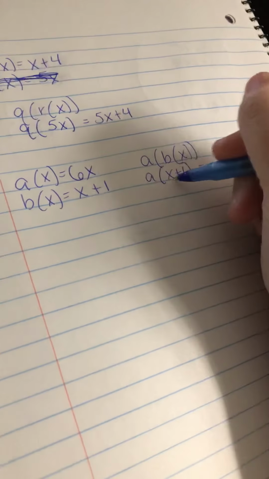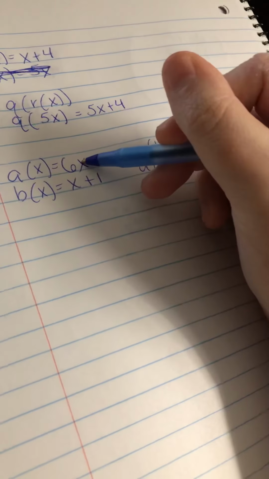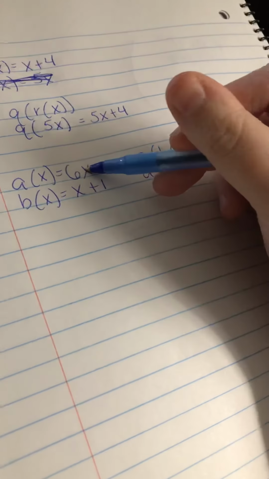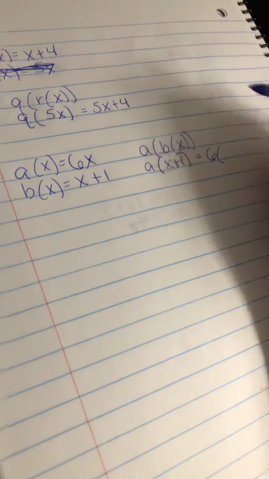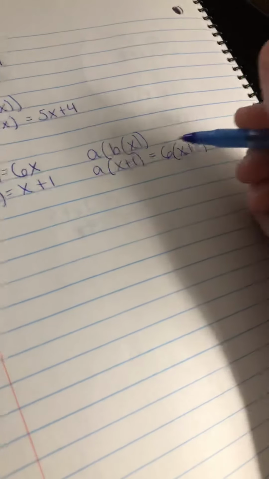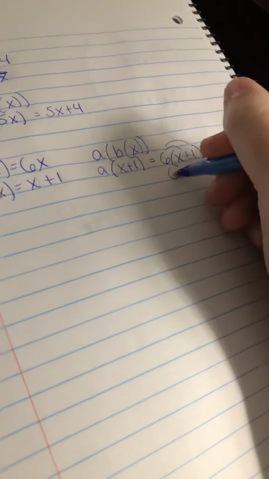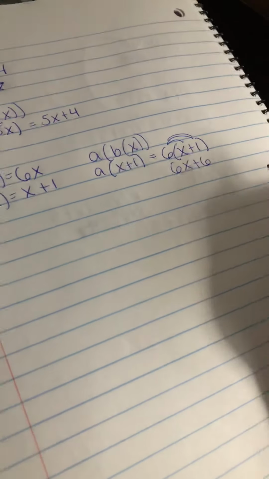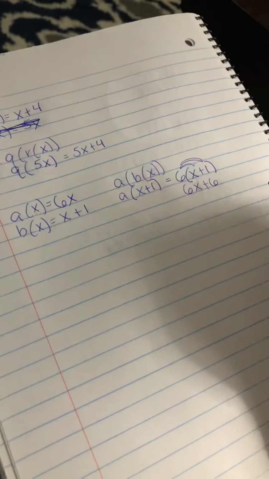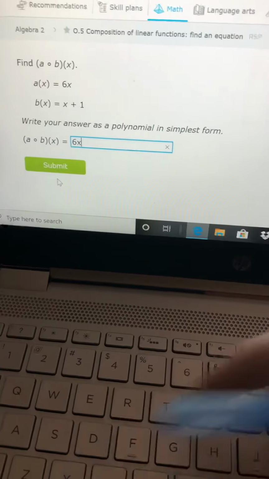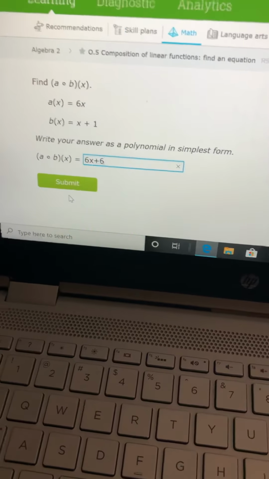I take this and plug it in here into the A function. So I write 6, and instead of writing 6X, I write parentheses X plus 1. The 6 has to be distributed. So 6 times X is 6X, and 6 times 1 is 6. So this answer is 6X plus 6.